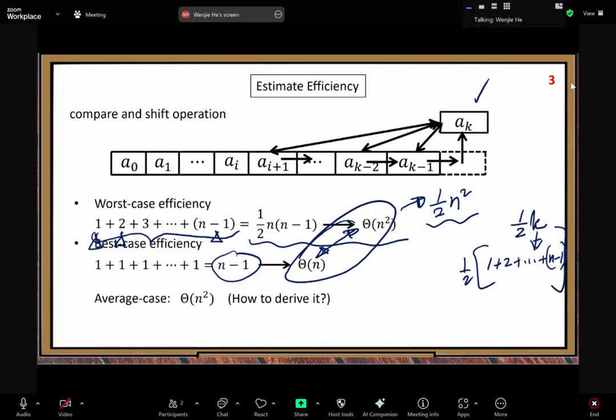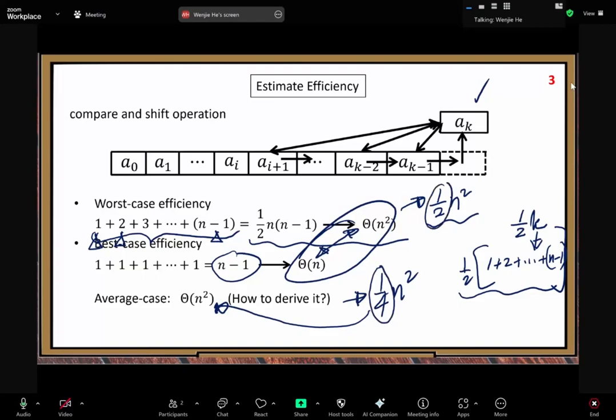But for the average case, if we use this formula, the dominant term is 1/4 of n squared. So it is still big theta of n squared, but you need to use 1/4 as the leading coefficient.